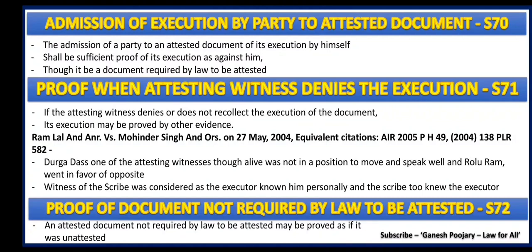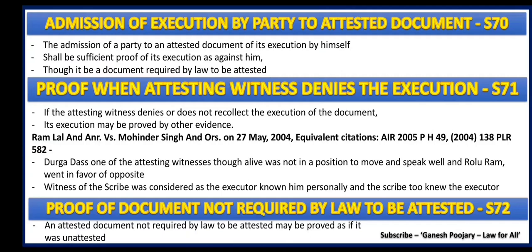Then comes section 70, which discusses about admission of execution by party to attested document. This provision says the admission of a party to an attested document of its execution by himself shall be sufficient proof of its execution as against him, though it be a document required by law to be attested. Now for example, if a particular document is executed by Mr. X and he is agreeing that yes, I have executed this particular document, and such document is against X, in that case that is a sufficient proof.